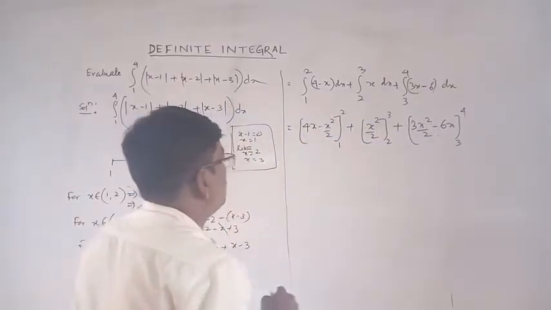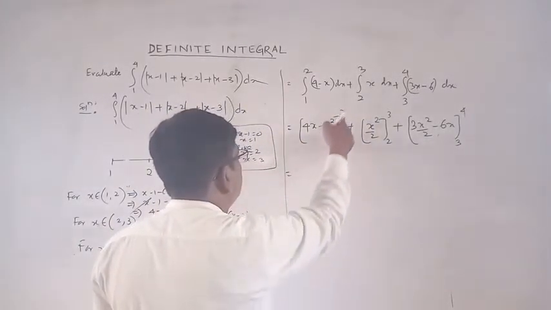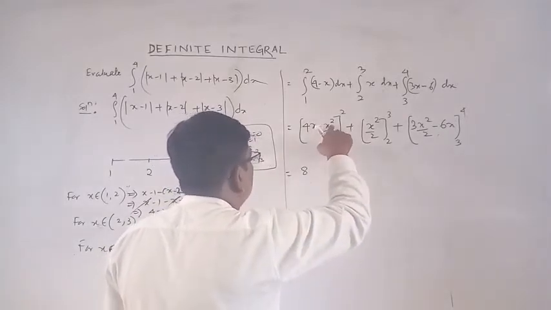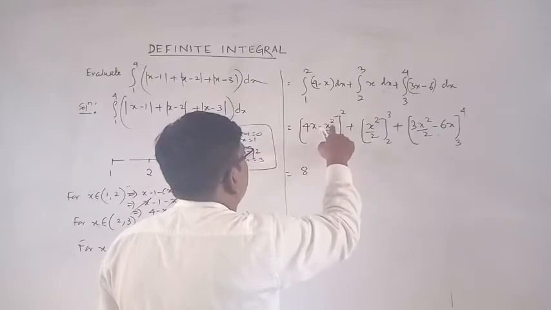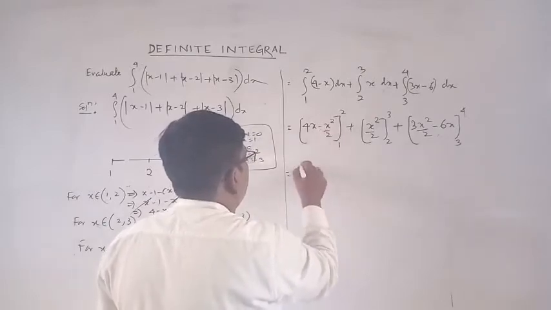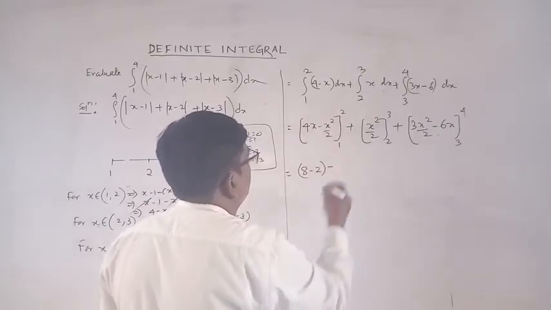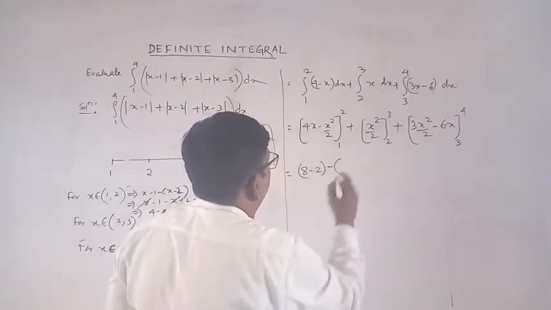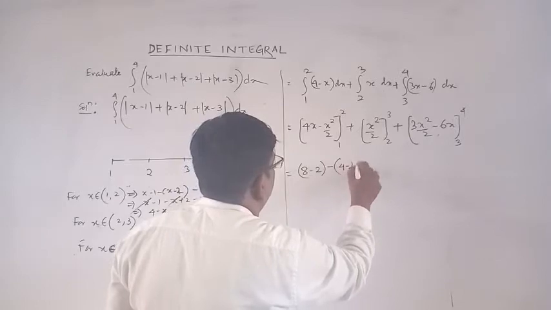Put the upper limit first: 8 − 2, since 2² is 4, 4 by 2 is 2. Put x = 1: 4 − 1/2. For the second, the upper limit gives 9/2, minus 4/2, which is 2.